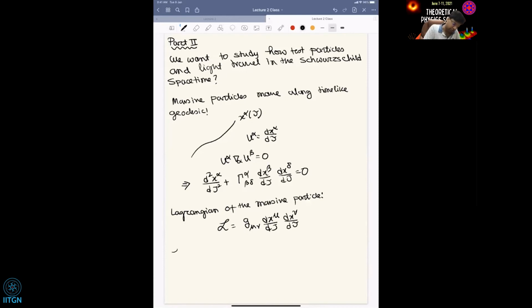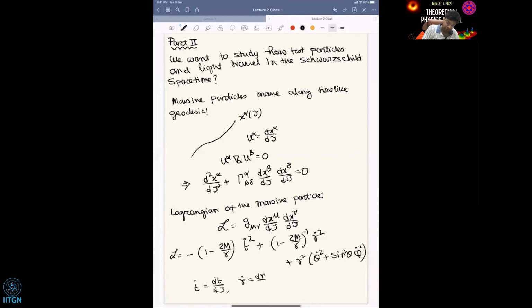So this Lagrangian is now given by −(1 − 2m/r) ṫ² + (1 − 2m/r)⁻¹ ṙ² + r² θ̇² + r² sin²θ φ̇². Of course, ṫ is dt/dτ, ṙ is dr/dτ, and so on. This is our notation.